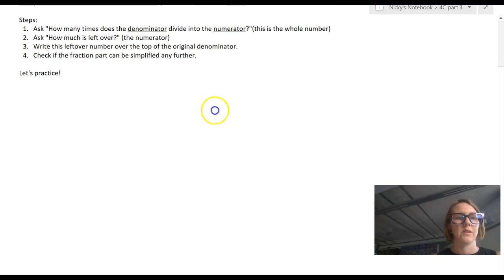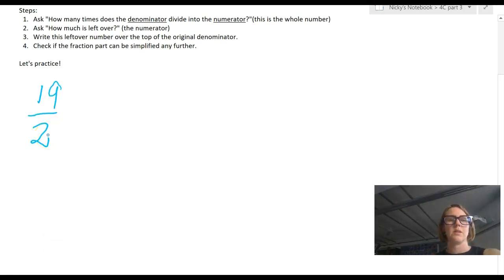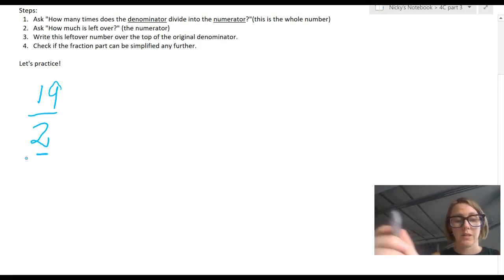Okay, so the first improper fraction we will work with is 19 over 2. Okay, let's think about those steps. How many times does the denominator 2 fit into or divide into my numerator of 19?